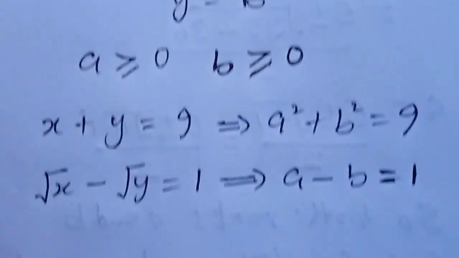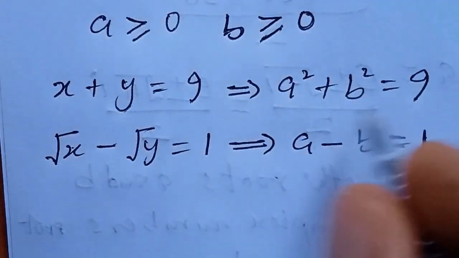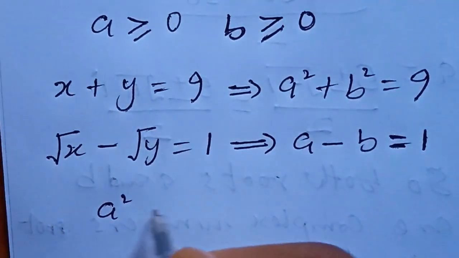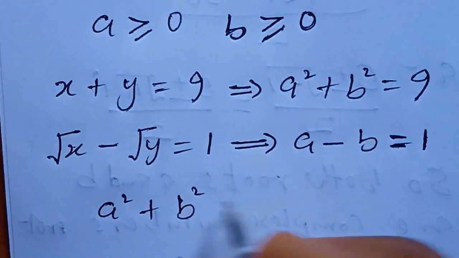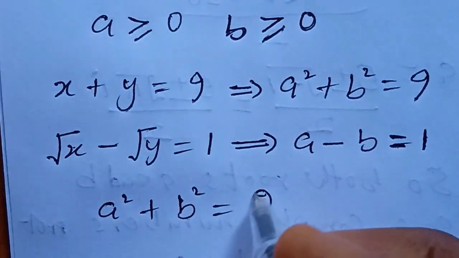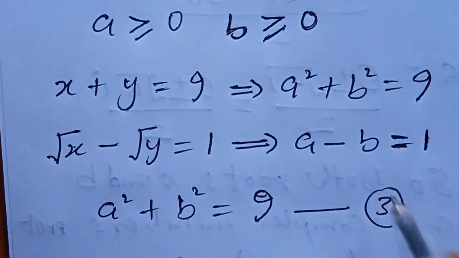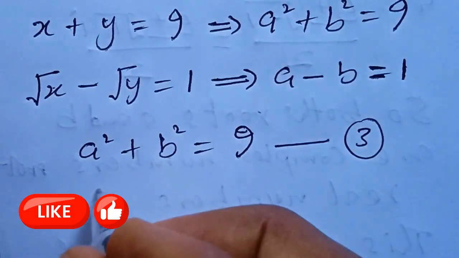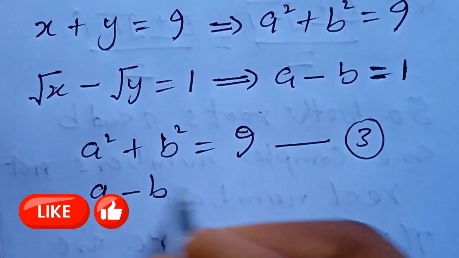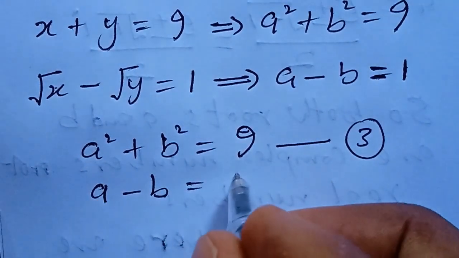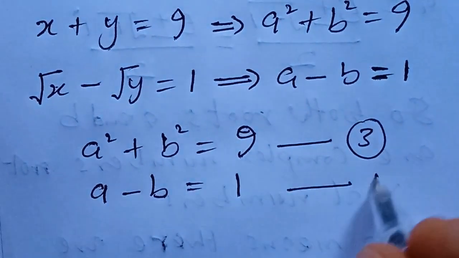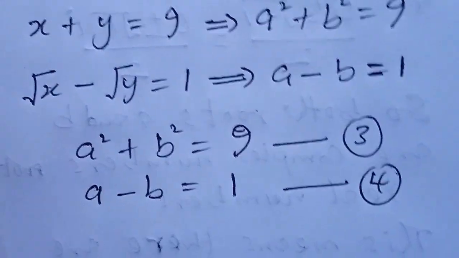So a squared plus b squared equal to 9 will be termed equation 3, and a minus b equal to 1 will be equation 4.